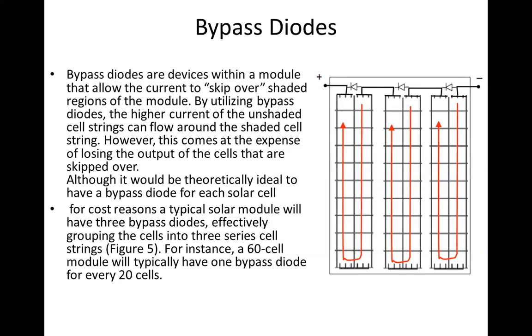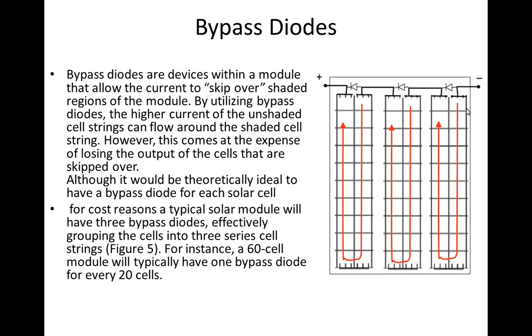As you can see, I have this row of solar cells. If each square is a solar cell, these are the rows that are connected in series. I can add a bypass diode that will allow the current to skip over the shaded region of the modules. So it will prevent this part from getting heated.